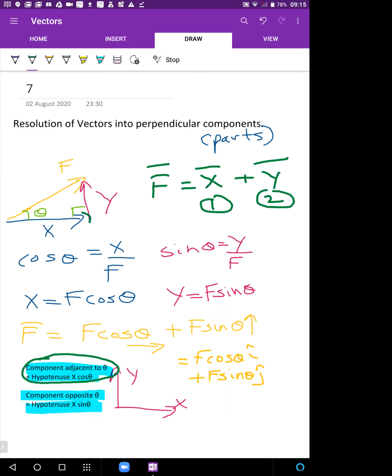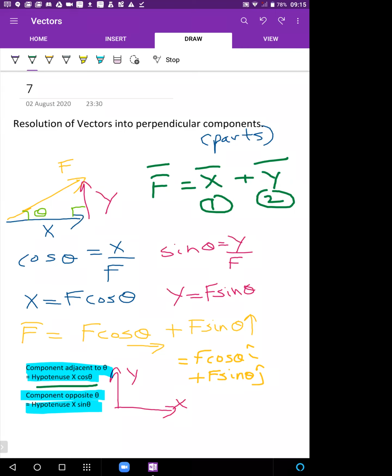Out of the two components, isn't this the component adjacent to theta? है ना, ये theta के बगल में है. अच्छा, उसका वैल्यू कितना आ रहा है? ध्यान से देखो. The component adjacent to theta का वैल्यू आ रहा है hypotenuse cos theta. That is always true. So the component adjacent to theta will be hypotenuse into cos theta. So the component adjacent to theta is always hypotenuse cos theta.